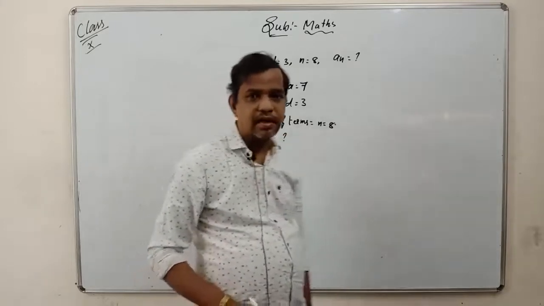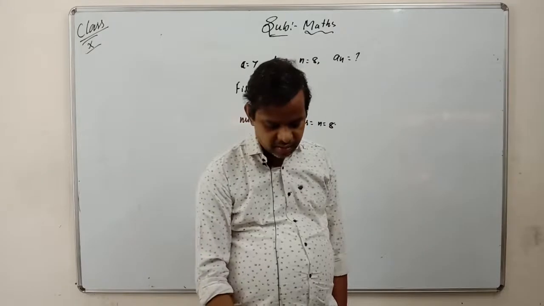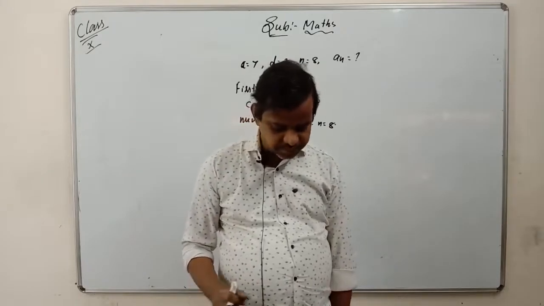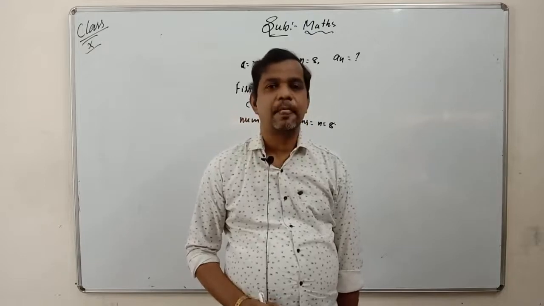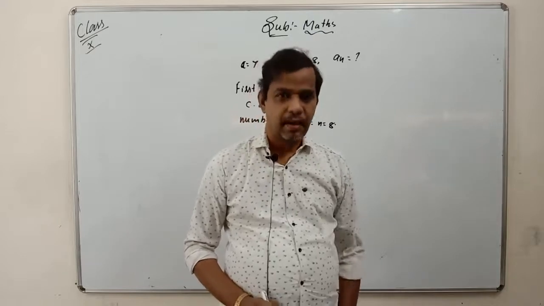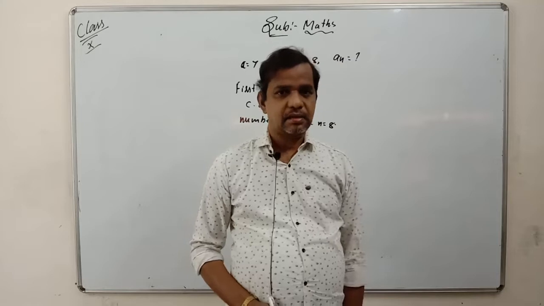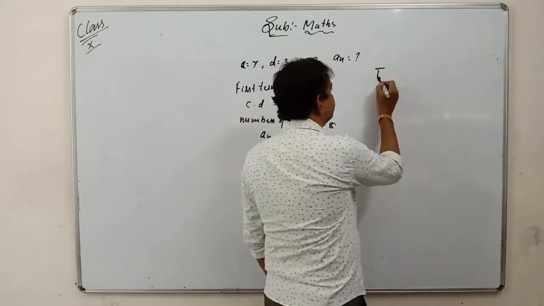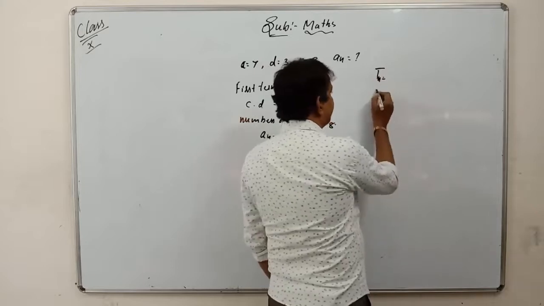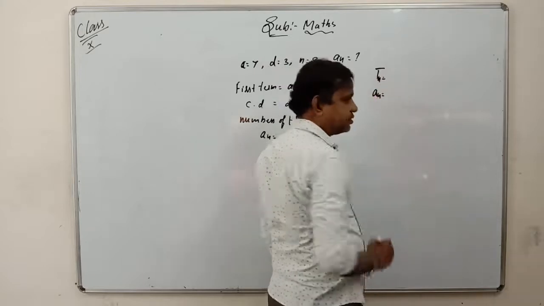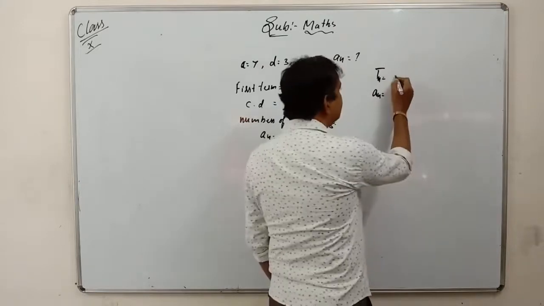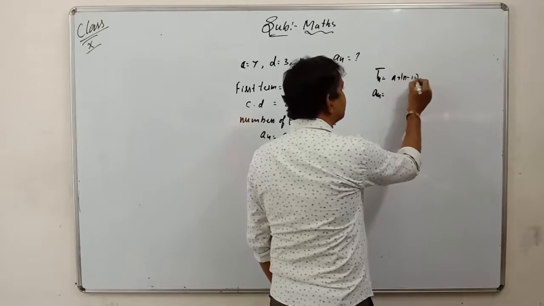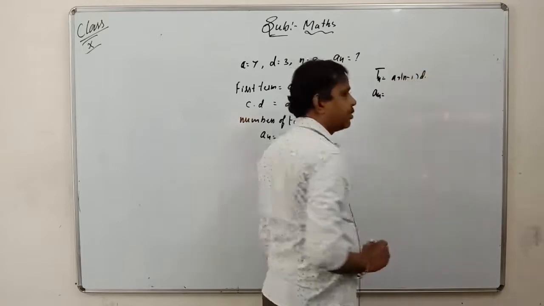I told you already yesterday, we derived the formula. I think you remember the formula. The general formula of AP is Tn equals A plus (N minus 1) D, or you can write An equals also.